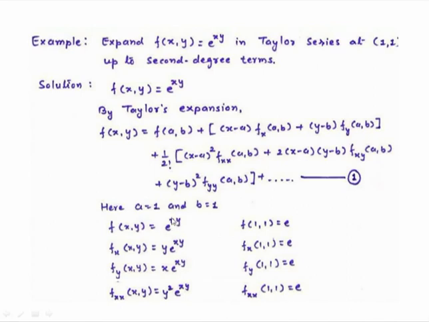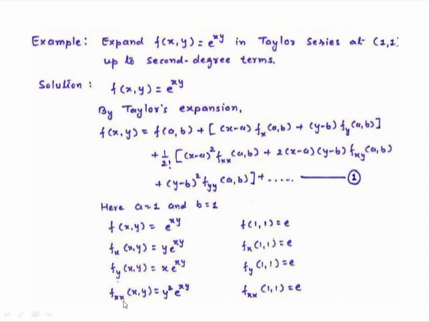So e to the variable, derivative of e to the variable is e to the power that into derivative of xy with respect to y, which is x. So we get this. Now we calculate the partial derivative with respect to y at point 1, 1 is equal to e.